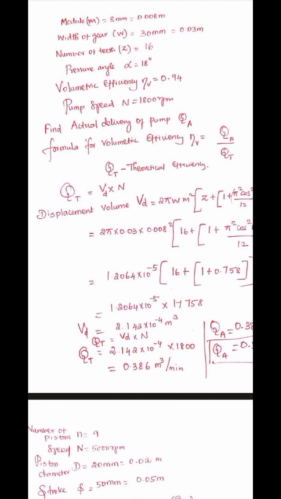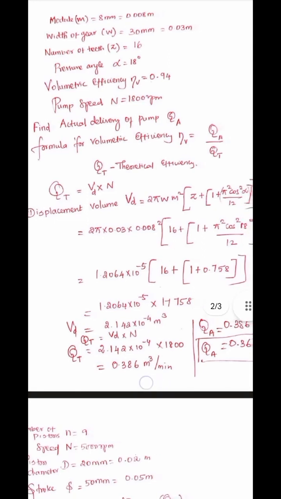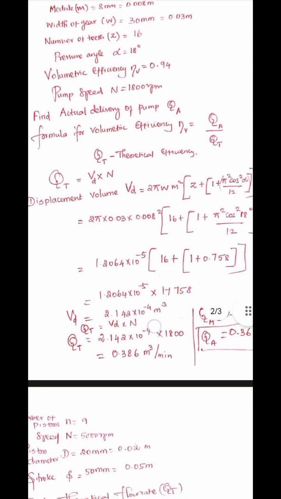Now the question is find the actual delivery of the pump. So the formula for volumetric efficiency is equal to QA by QT. QA indicates actual delivery. QT indicates theoretical delivery.